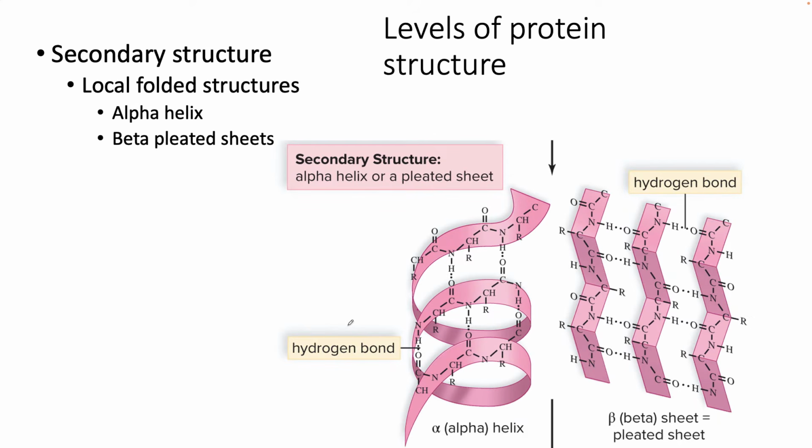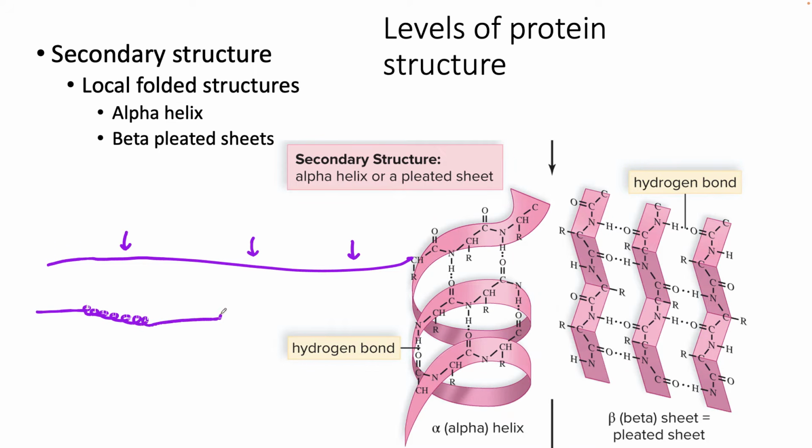The secondary structure is sort of a local folded structure. So if you have a long polypeptide, right, a long protein, little parts of it are going to start to fold. So for example, you can have it and then all of a sudden this part folds up a little bit like that. And this part might actually fold up like that.